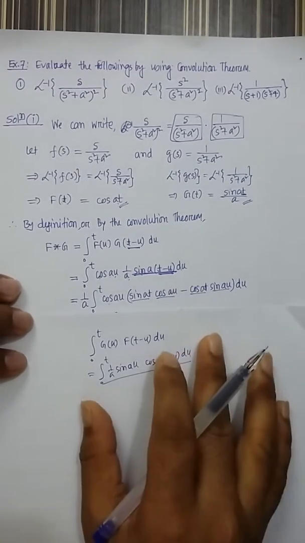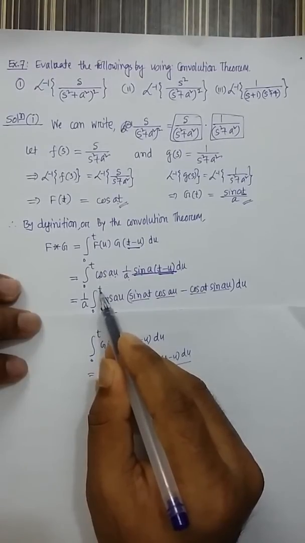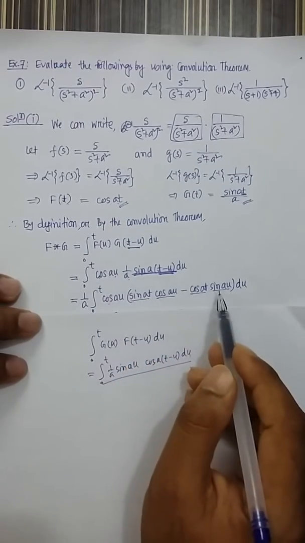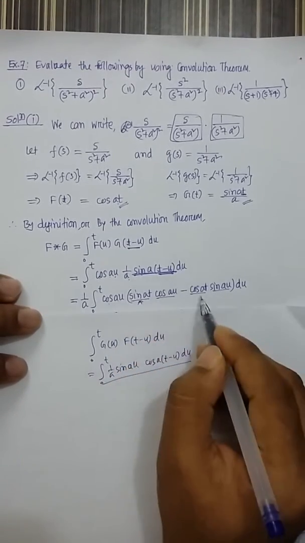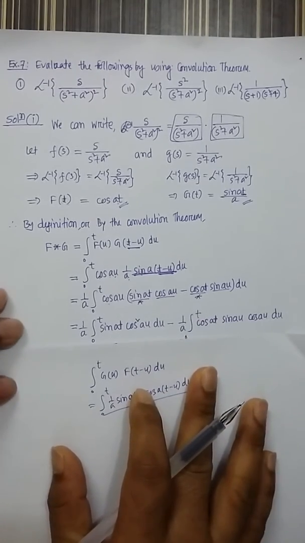Since the limit of integration contains t and the integration is with respect to u, each term containing t is constant here. So sin at and cos at are both constants, and we can keep them outside.